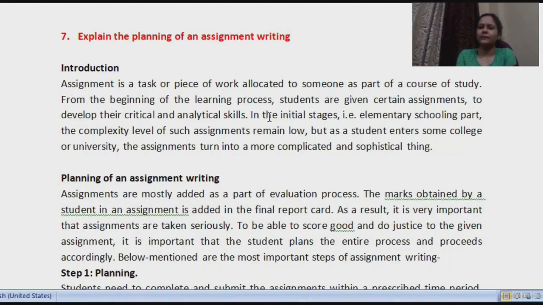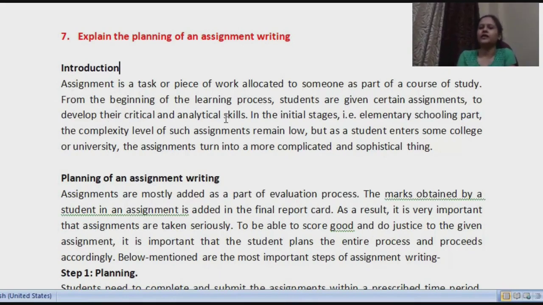From the beginning of the learning process, students are given certain assignments. In school days, we were given some assignments. In pre-primary school also, we were given some assignment. In 10+2 also, we were given assignment. Now also in college or university, you are being assigned some work.